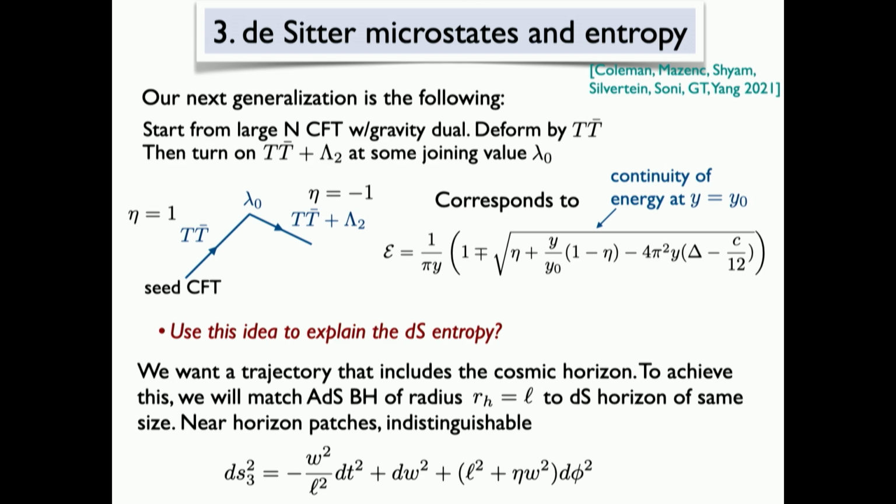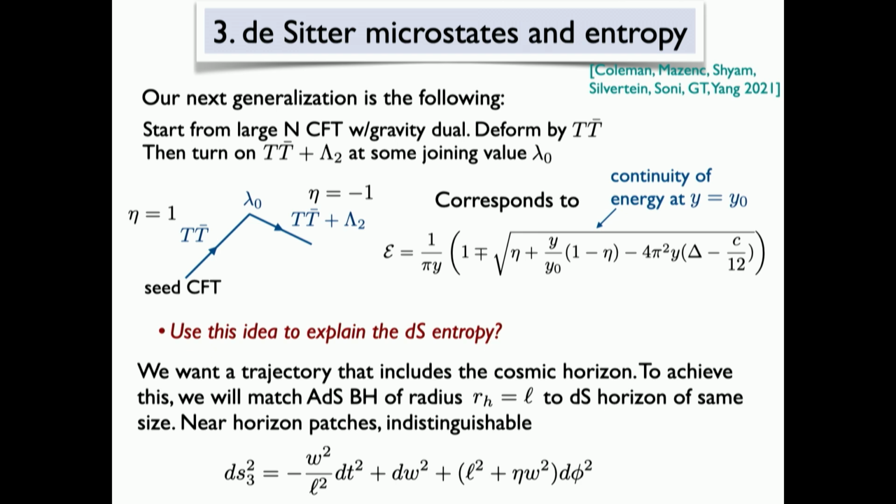Essentially, what we would like to understand, so we already understand that on the gravity side, TTbar corresponds to having a time-like boundary. So we want to see whether we can use this idea with two steps to start with, say, a black hole in AdS where we know how to compute the entropy, and dress that into a region of dS that contains a cosmic horizon patch. Okay, that's the gravitational idea.